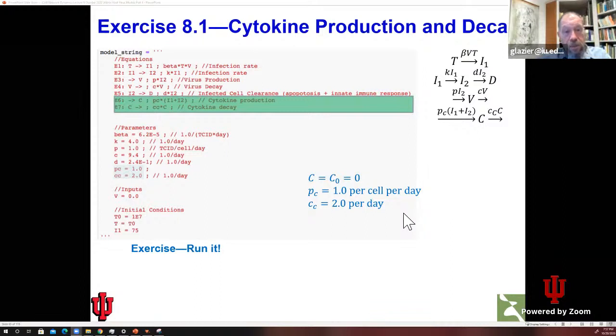The third one will be taking an arrow diagram and turning it into Antimony and running it. The follow-up for those first two will be to run them, but for this week, we're not going to ask you to do that. It'll only be the first step of actually writing down the Antimony.